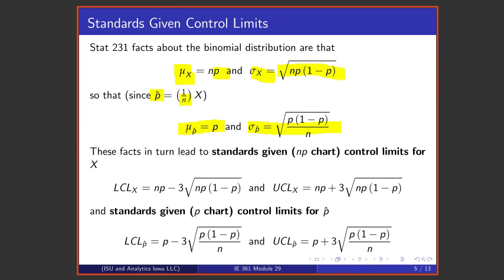These facts then in turn lead to standards given control limits for x that are the mean for x minus 3 standard deviations for x for the lower control limit, and the mean for x plus 3 standard deviations for x for the upper control limit. And if one is not doing control charting for x but rather for p hat, essentially those limits get divided by n and become these.